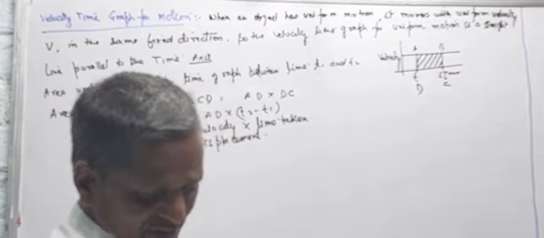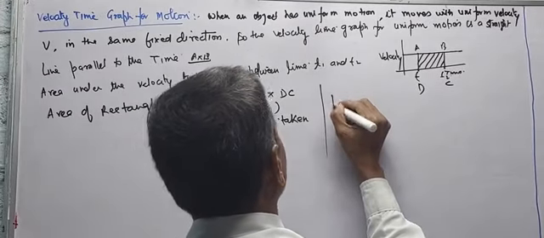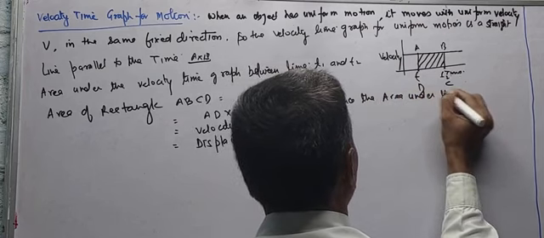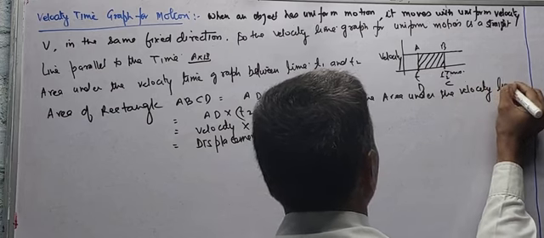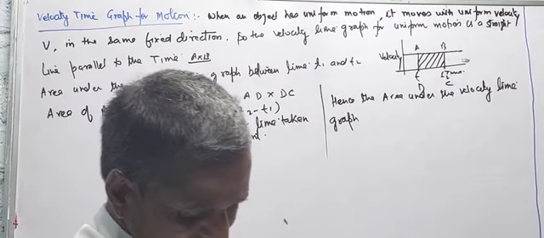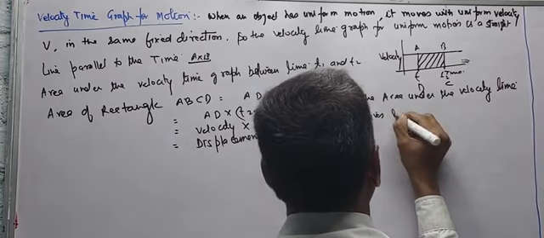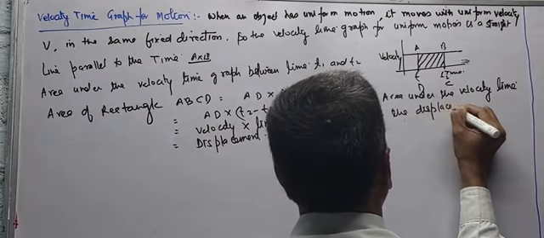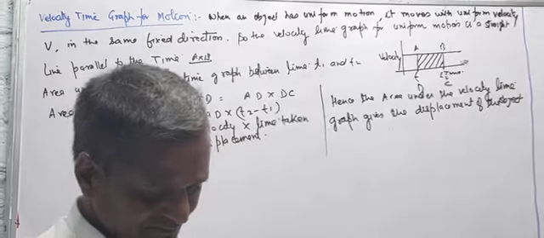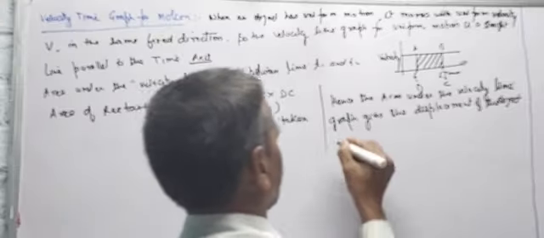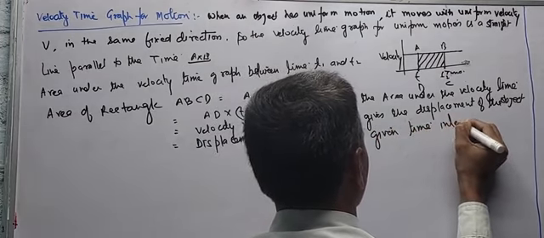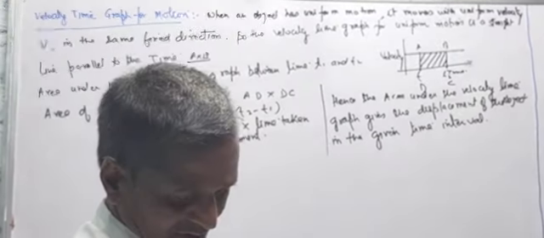Hence the area under the velocity time graph gives the displacement of the object in the given time interval.